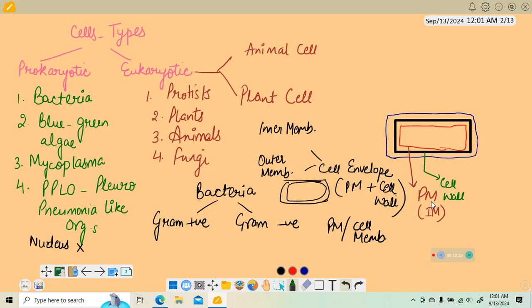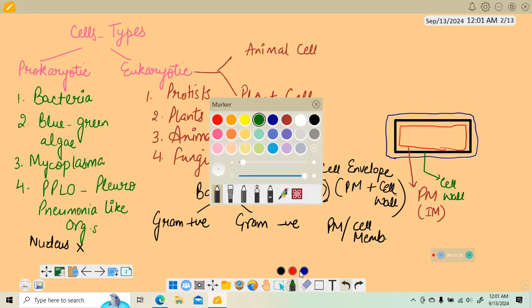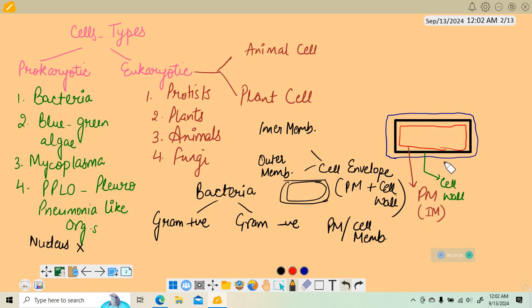Then comes the capsule. The inner membrane and outer membrane constitute the cell envelope, and the outer membrane is seen in gram-positive and gram-negative bacteria.